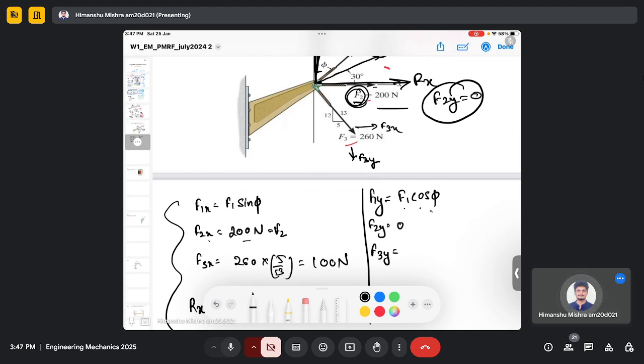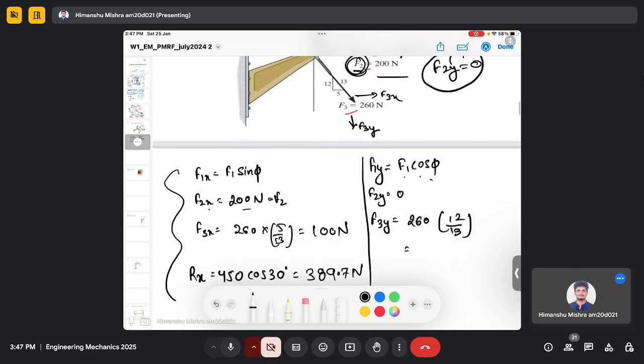F3y will be given as 260 times 12 by 13. On calculating this, you will get 240 Newton.